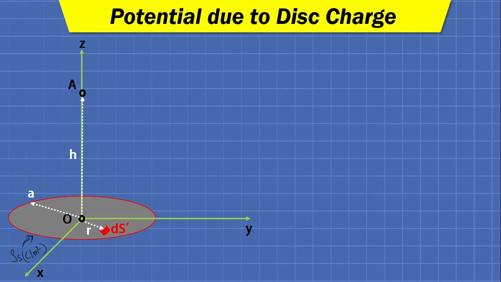We will consider a small differential surface ds prime with r, and the distance between the differential surface and the point of interest will be under root r square plus h square. As you can see, a right angle triangle is formed, and with the help of the Pythagorean theorem we can find this distance.